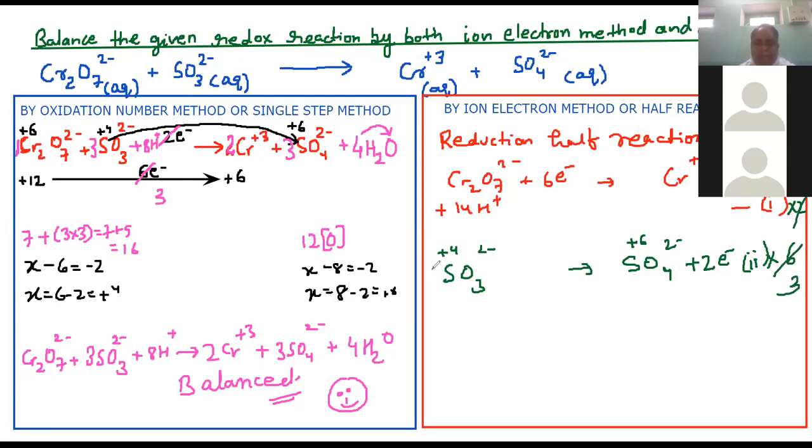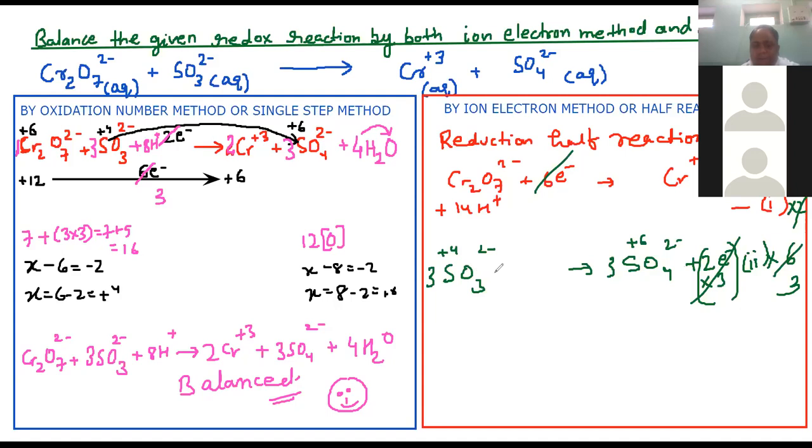So this will become 3SO3 2- to 3SO4 2-, and into 3 this much. So 6 electrons and 6 electrons will be cancelled, and hydrogen will balance, oxygen will balance. This side 9 oxygen is there, and this side 12 oxygen is there.